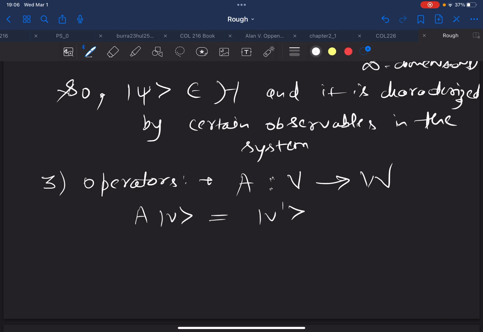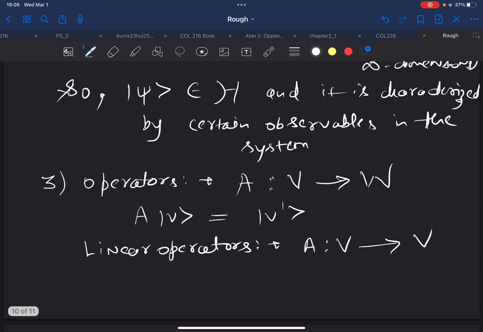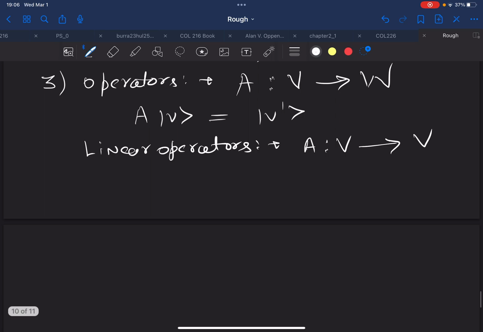But in quantum mechanics, we are concerned about linear operators. Linear operators act on the vectors of a vector space V to give you vectors in the same space only. They also have properties that we call the properties of linearity.